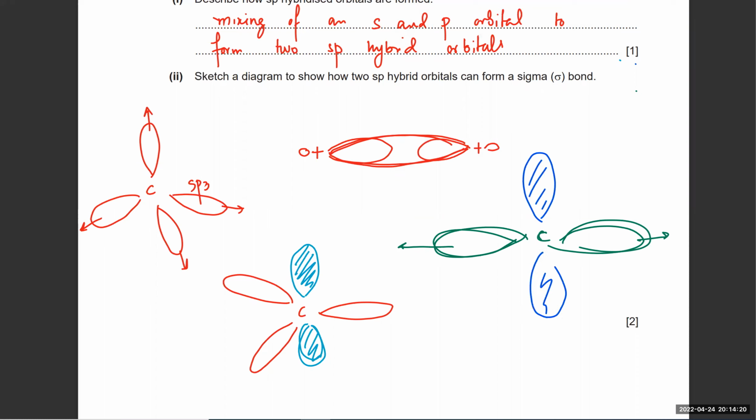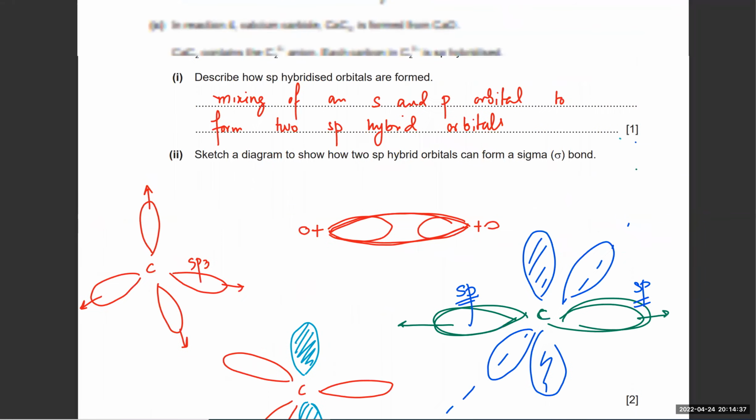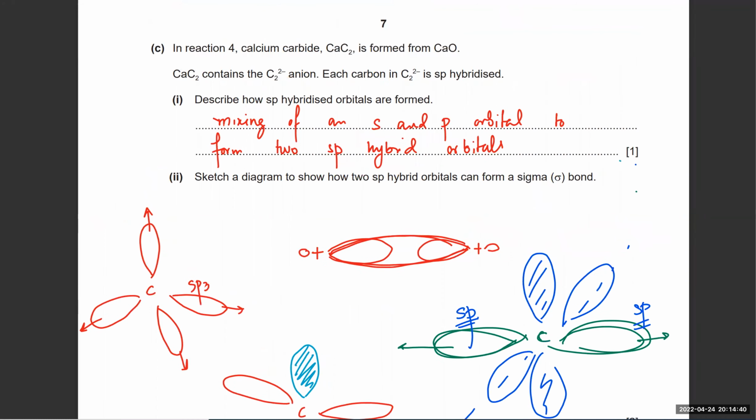That is involved in pi bonding, and there's going to be another one on the z-axis, also involved in pi bonding. But that's your typical sp hybridized orbital.